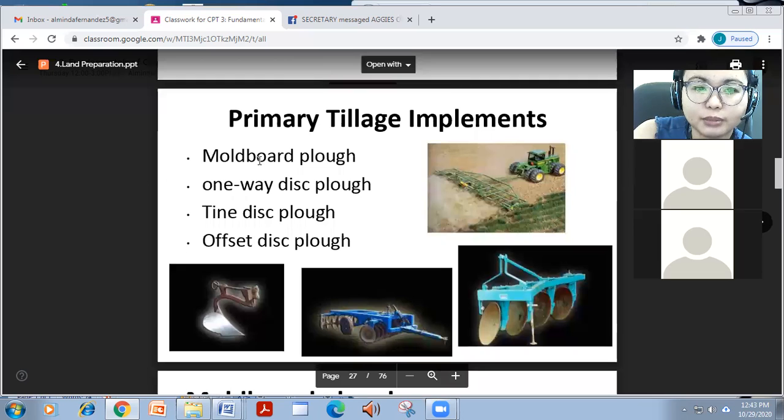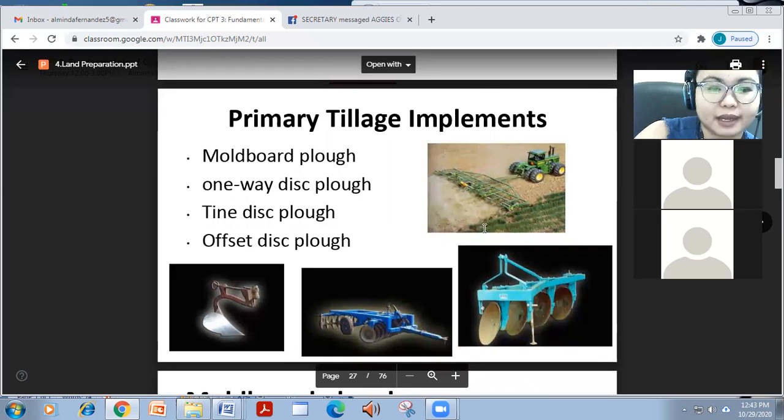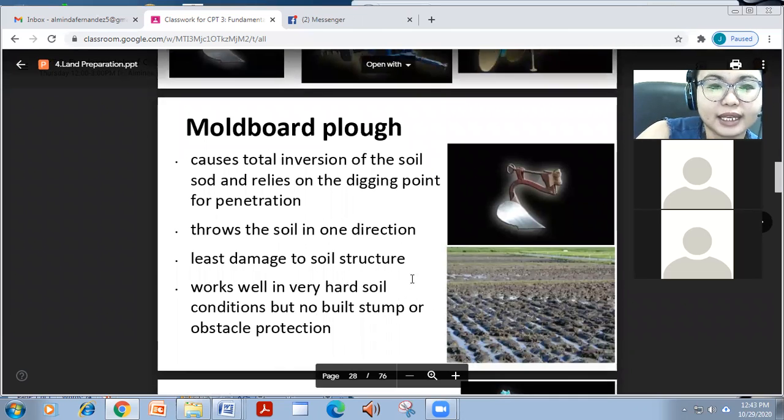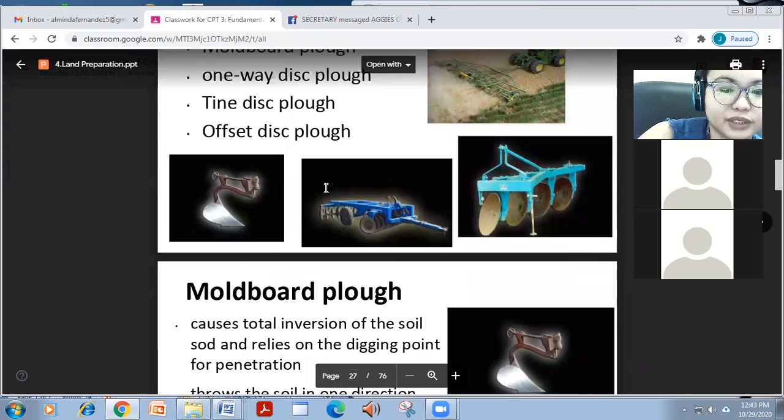We have the moldboard plow, the one-way disc plow, the tine disc plow, and the offset disc plow. Each type of plow has different uses.